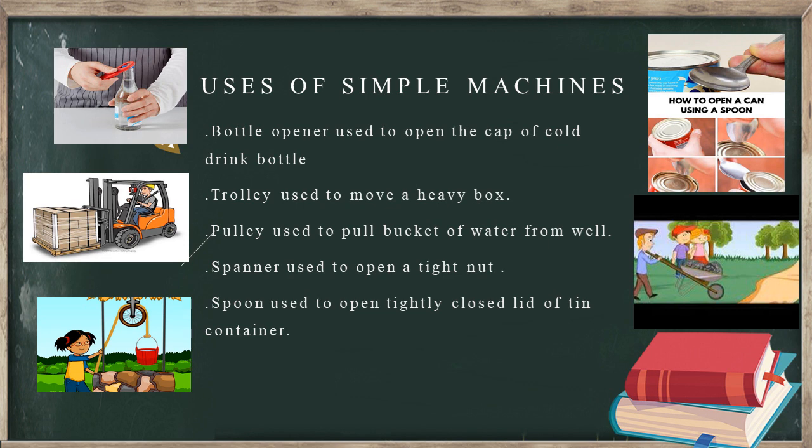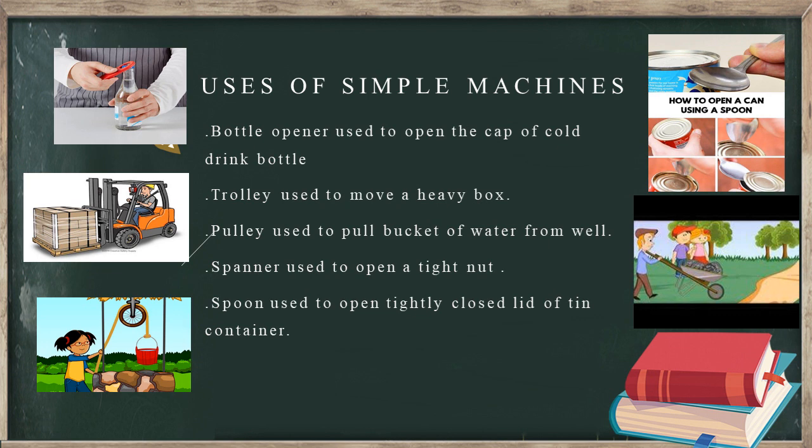Now, a question may come in our mind: why do we need these machines? We will discuss some examples from our daily life through which we can understand how these machines are helpful to us. You would have observed that it is easier to open the cap of a bottle with a bottle opener than with our hands.